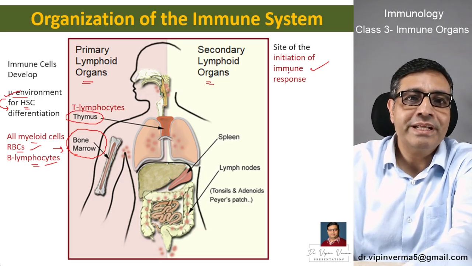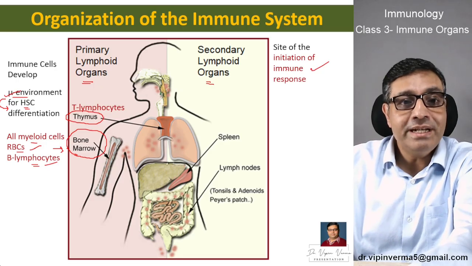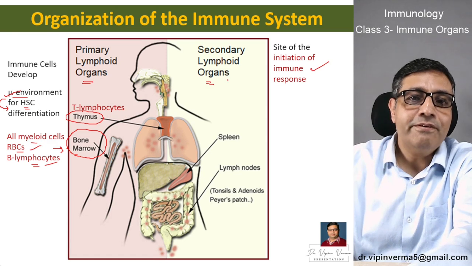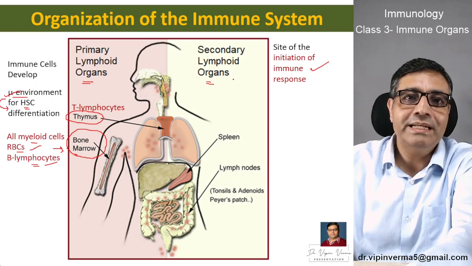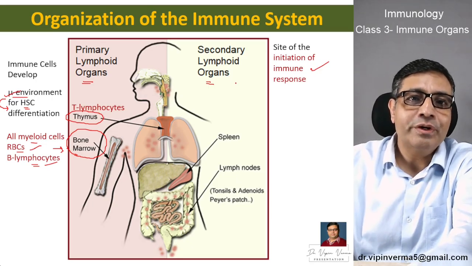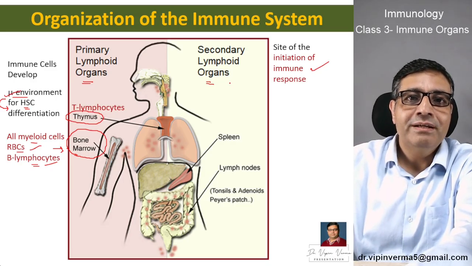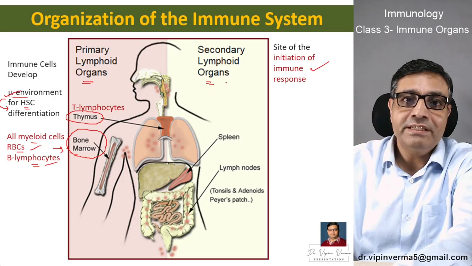Here the development is not taking place. The development of our immune cells has already taken place inside the primary lymphoid organs. But these organs provide the site of action. So basically you can consider them like police stations where the criminals are dragged, they are caught, and then they interact with the policemen.